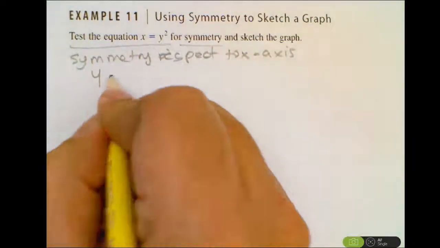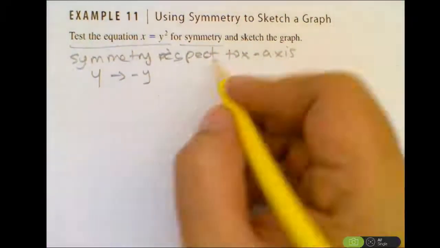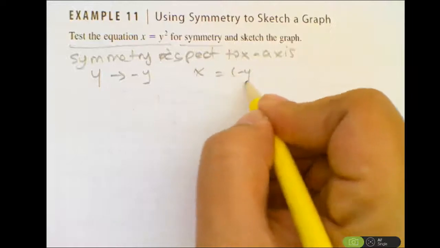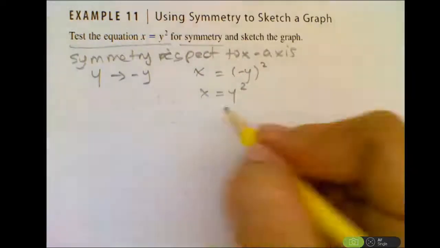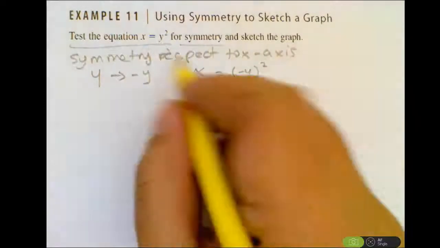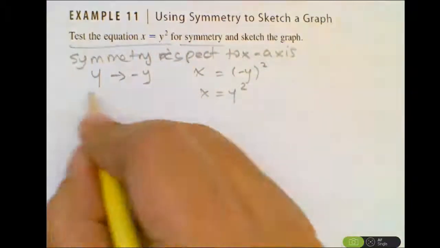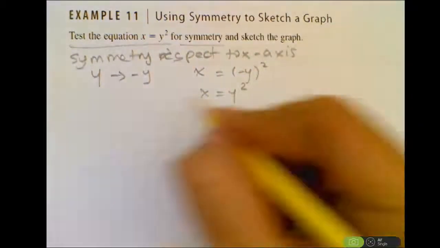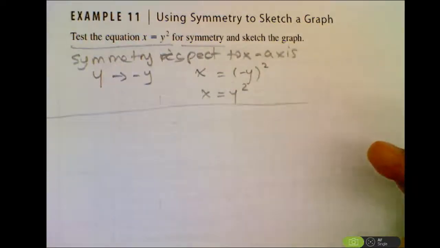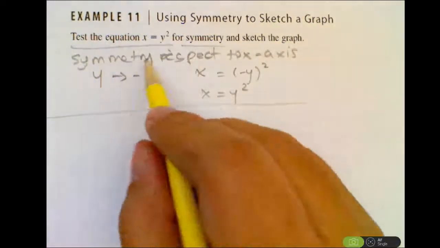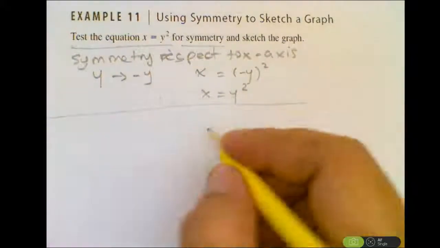For that I change y with negative y. So x equals negative y squared, and you know that that doesn't change. So I get the same equation, so that means that it's symmetric with respect to the x-axis. Then I don't have to test for anything else. I don't have to test for the other ones, because I know my graph is symmetric with respect to the x-axis.